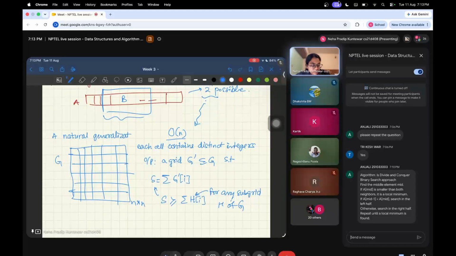Okay, so what is the idea? How many total subgrids can there be inside G?